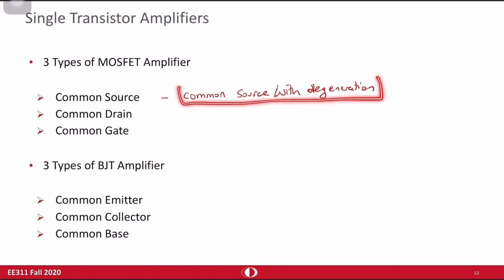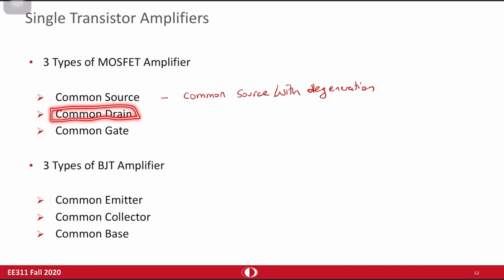This one is a good voltage amplifier as well, but the voltage gain is a bit smaller than the common source amplifier. However, it has some other advantages like high output resistance and much more stability, transistor independent performance, and so on and so forth. For common drain, we said that it's a good voltage buffer with low output resistance.